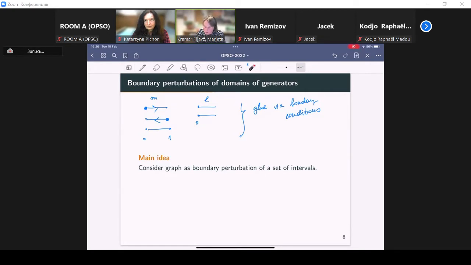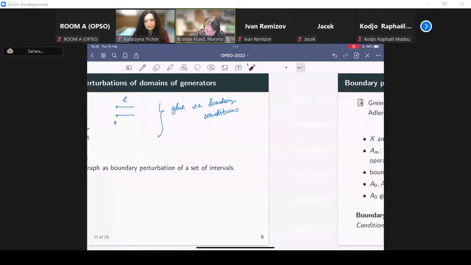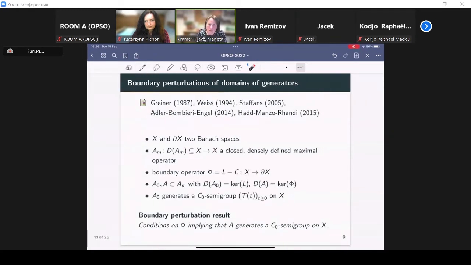And we will use the abstract boundary perturbation from the semigroup theory. So here we go again a little bit to the abstract semigroup theory, boundary perturbation of the domain of generators. Today we heard some talks, maybe not all of us, in room B or C, I don't know.